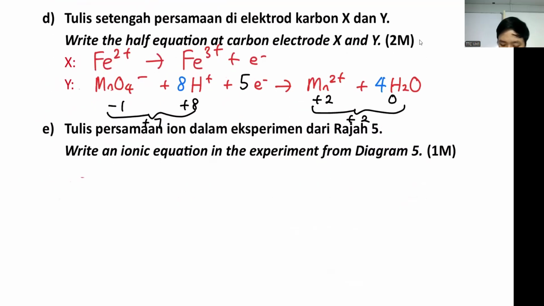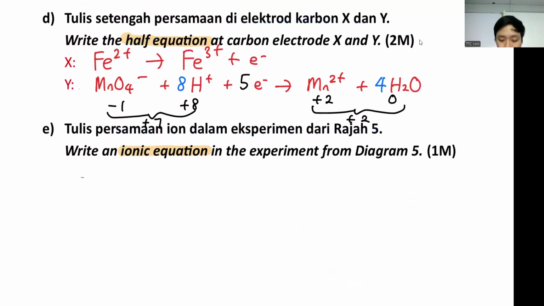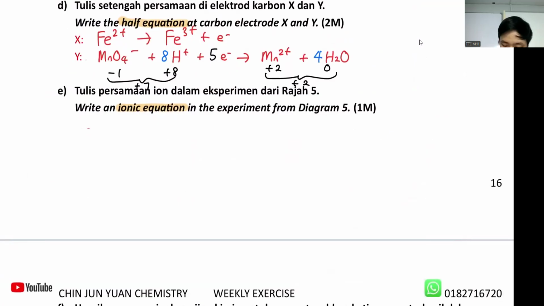Then the ionic equation, you must have these two, right? What should I do? I write back the half equation first. Then I show you the same thing.